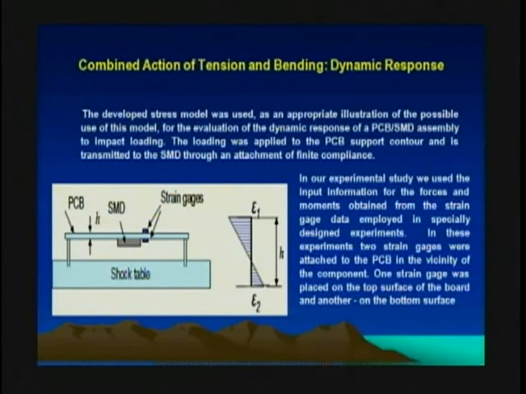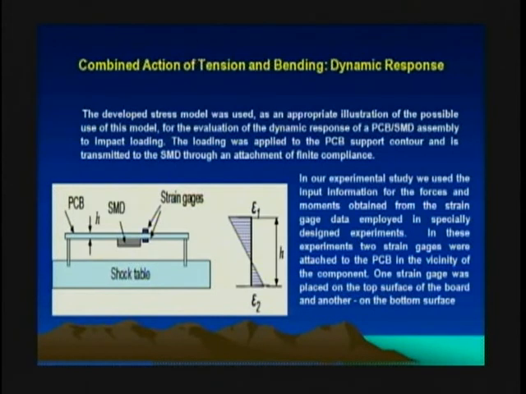The loading was applied to the printed circuit board support contour and is transmitted to the surface-mounted device through the attachment of finite compliance. In our experimental study, we used the input information for the forces and moments obtained from the strain gauge data employed in special design experiments.